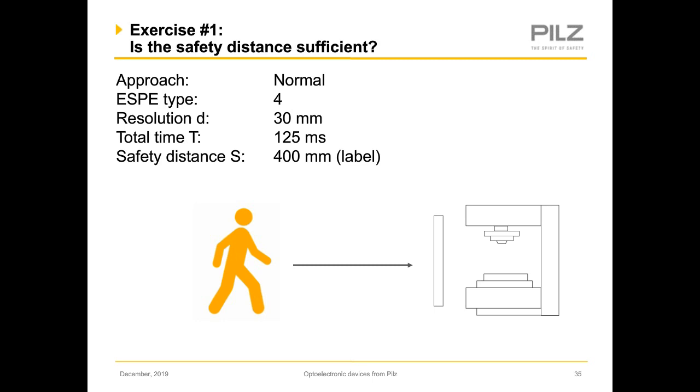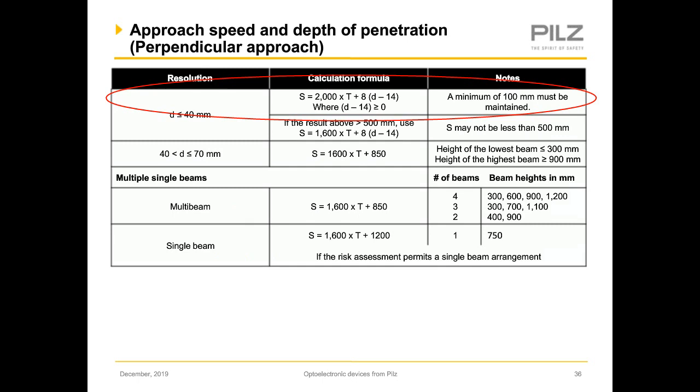And now we're going to check if that is sufficient. Now, because we have a minimum of 100 millimeters, then we are less than 500. We have to go to an approach speed of 2000 millimeter per second.